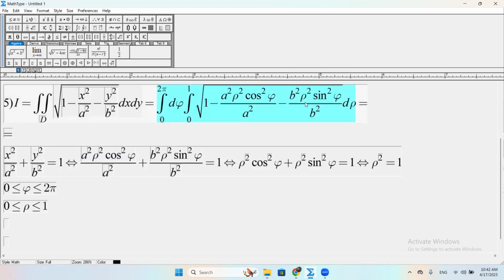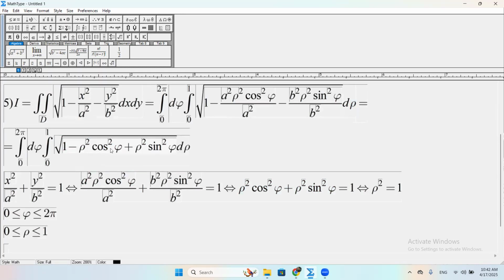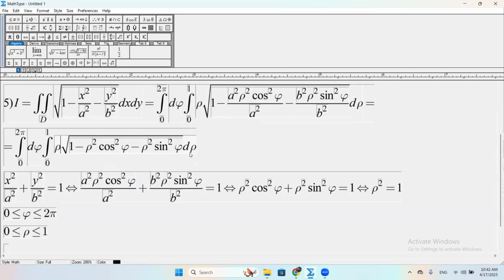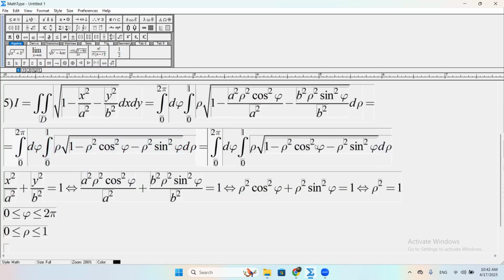Okay, so now let's simplify. So again, I will receive the following stuff. My mistake, I forgot to multiply it by the Jacobian, and it is a bad idea to forget it. But now everything is okay. So 1 minus rho square under the square root. And now we can integrate.